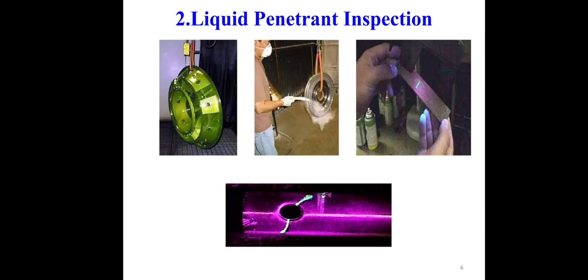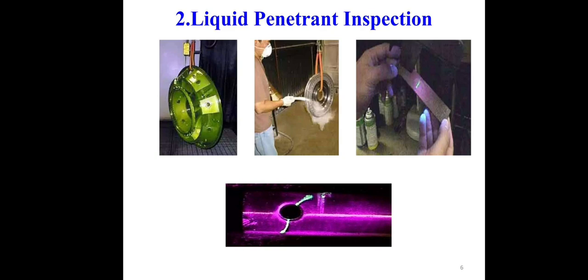Liquid penetrant inspection. Liquid penetrant method is an effective method of detecting surface defects in metal and other non-porous material surfaces.